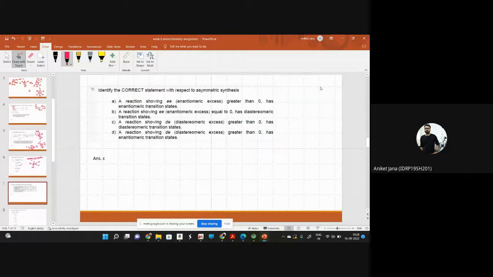Okay, so what is this question saying? We have to discuss the enantiomeric excess and the enantiomeric transition state. Enantiomeric excess means one of the enantiomers has to be in the greater form, more than 50%. That is why some enantiomeric excess is there. Let's draw the picture of the enantiomeric transition state, right?